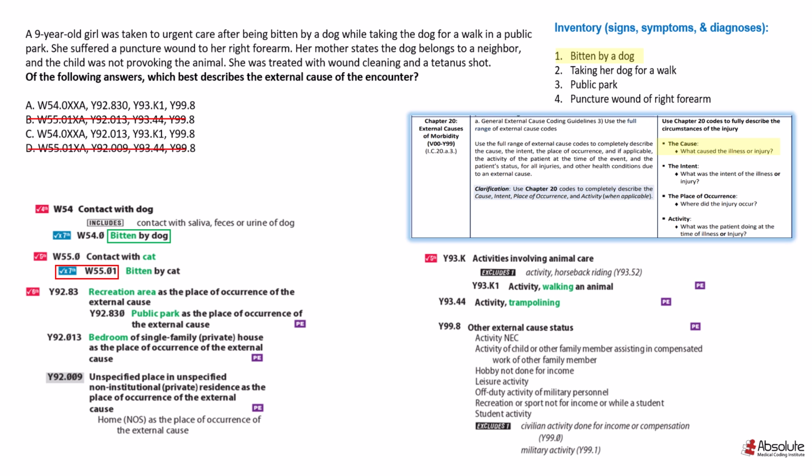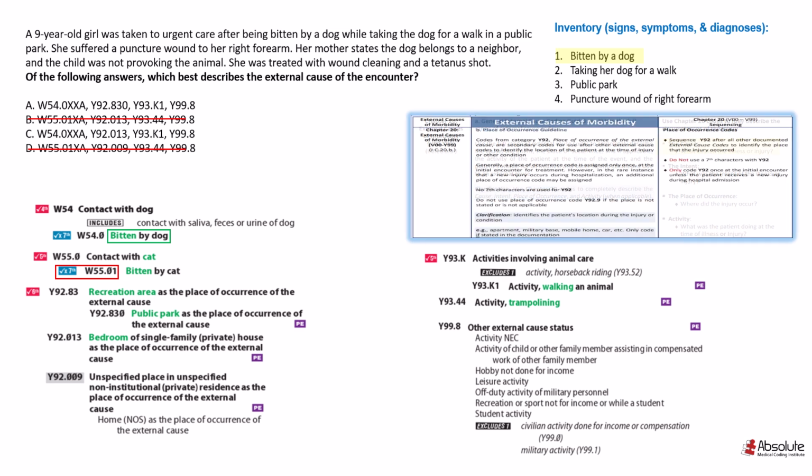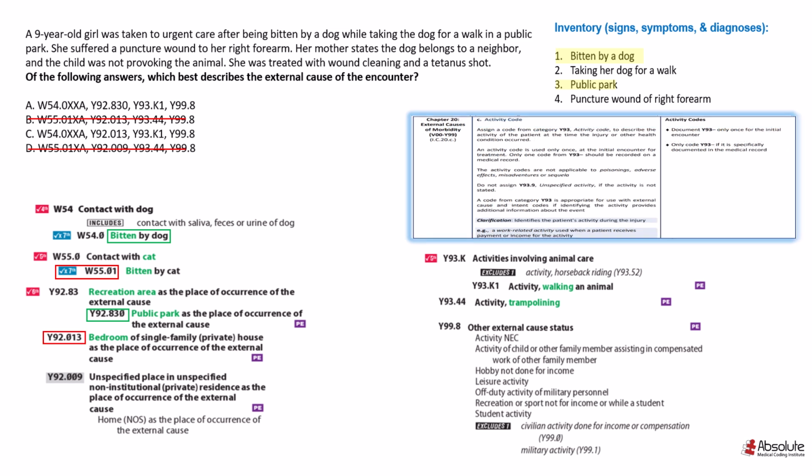Now let's look into option A and C. Y92.830 is coding for the place of occurrence, and it is a public park as a place of occurrence of the external cause, while in option C, Y92.013 is coding for bedroom of a single family house as a place of occurrence of external cause. So in our scenario, the place of occurrence was a public park, and that helps us eliminate option C.